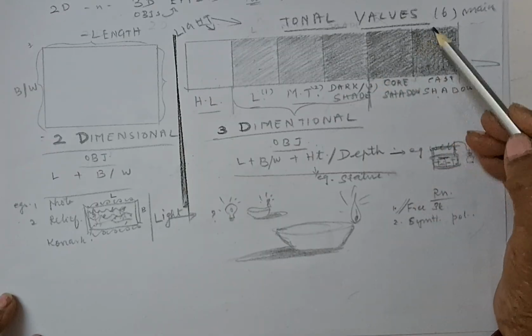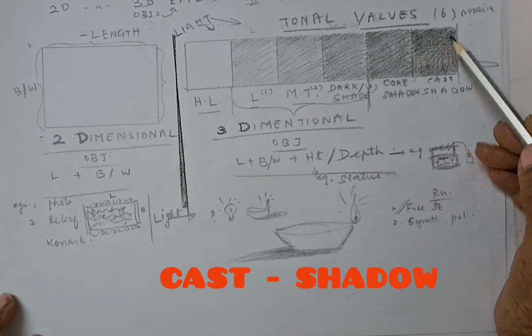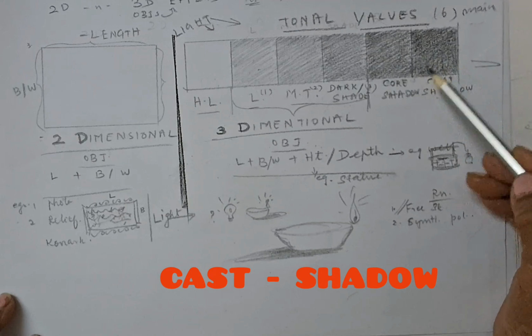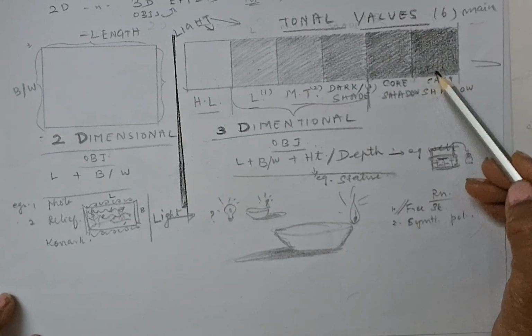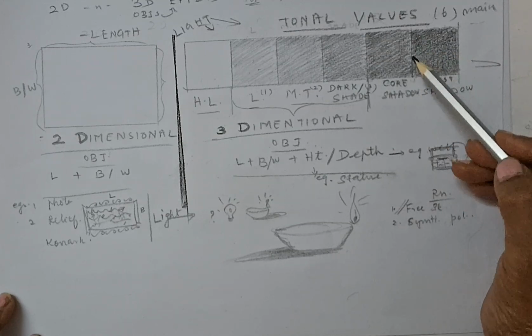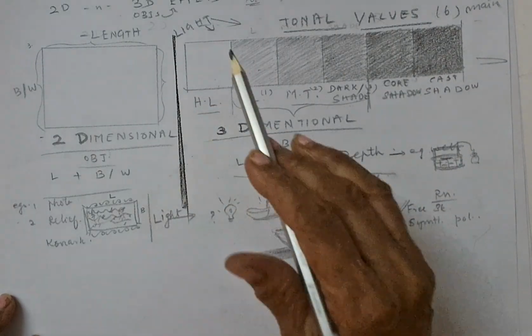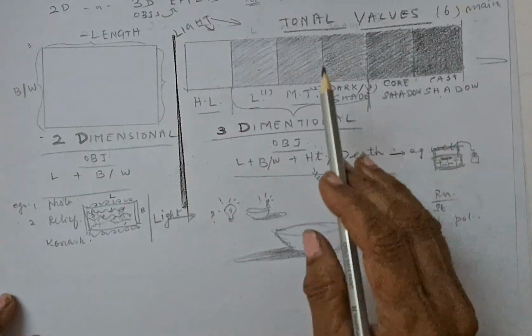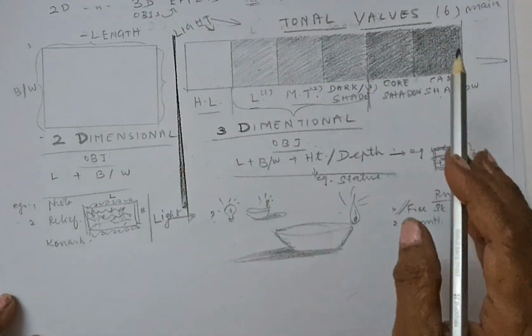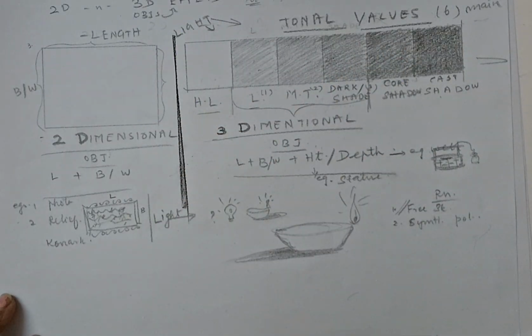And cast shadow is the shadow that falls from the object. Now, if you follow all these methods, if you understand from where the particular object receives light, then everything becomes easy to calculate.